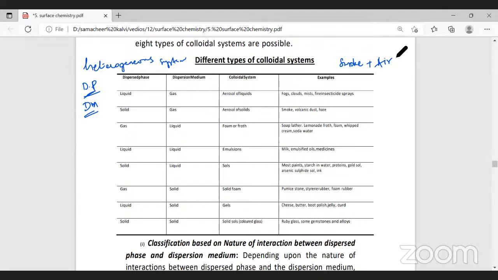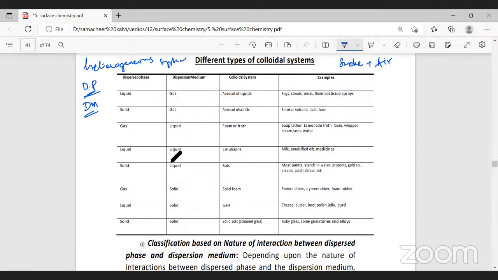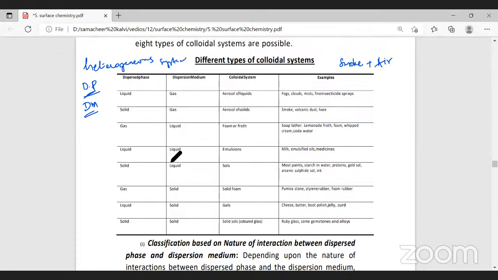Therefore, the carbon particle will be called the dispersed phase and air will be called the dispersed medium. So a colloidal system is a heterogeneous system which consists of a dispersed phase and a dispersed medium.